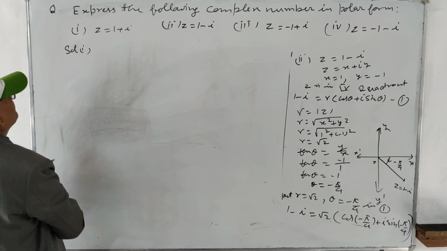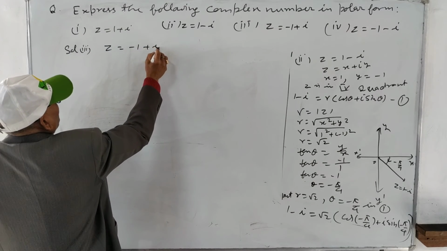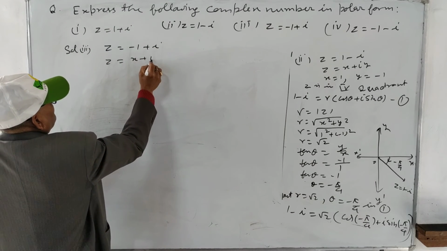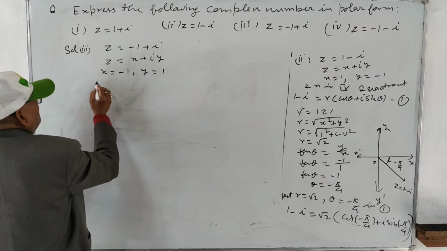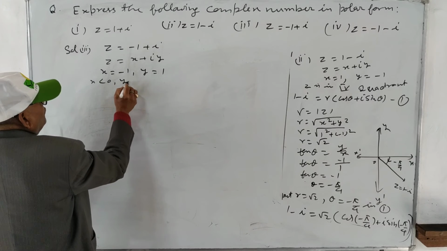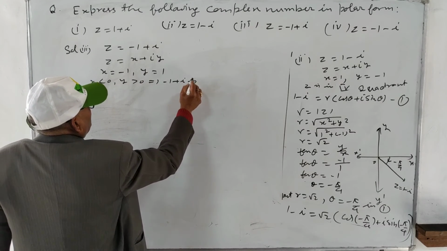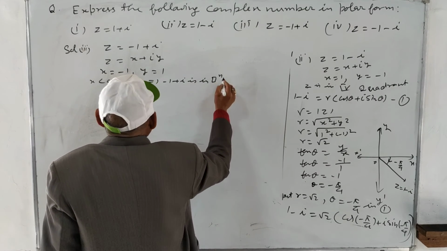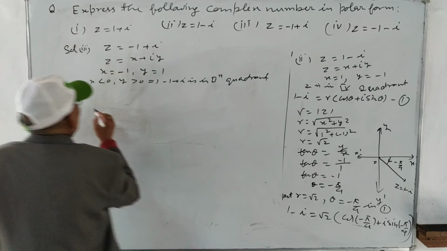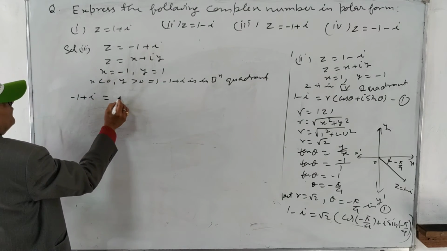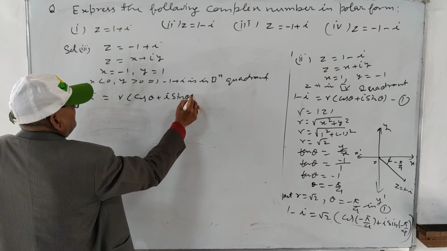Now third, z equal to minus 1 plus i. Compare with z equal to x plus iy, x is minus 1, y is 1. x is less than 0, y is greater than 0, which implies that minus 1 plus i is in the second quadrant. So you can write minus 1 plus i in polar form as r in the bracket, cos theta plus i sin theta.